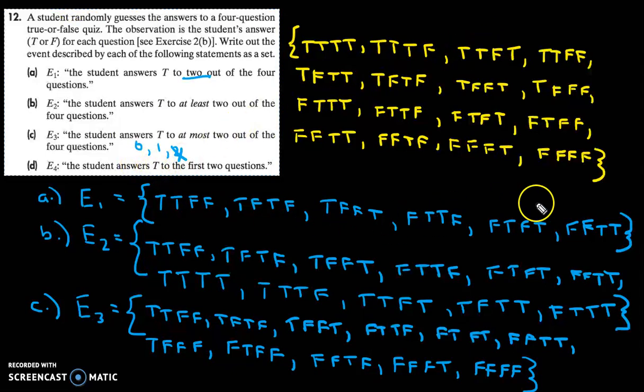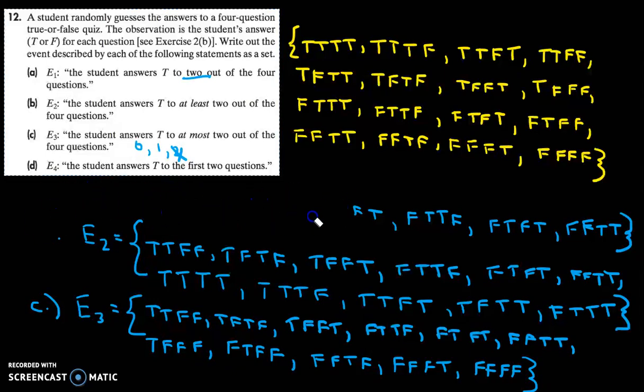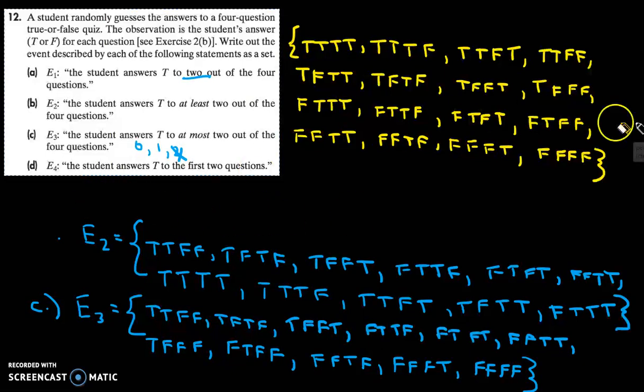All right, then the last one, the student answers true to the first 2 questions. That one's a little more specific, so it might even be a smaller subset of this. Okay, so part D. How many have true on the first 2?